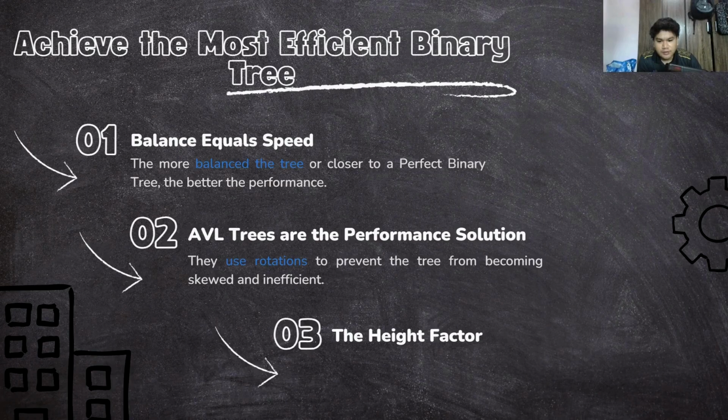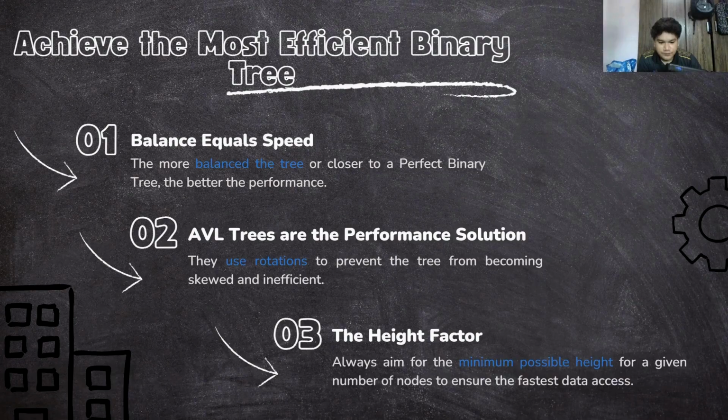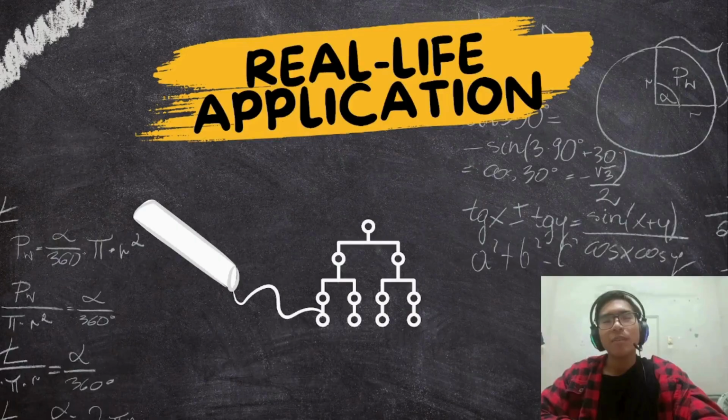Like my group member presented before, they use rotation to prevent the tree from becoming skewed and inefficient. And lastly, what affects the efficiency of a binary tree is the height factor. So we always have to aim for the minimum possible height for a given number of nodes to ensure the fastest data access.